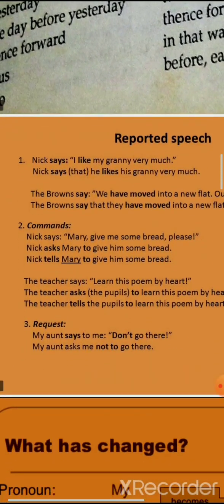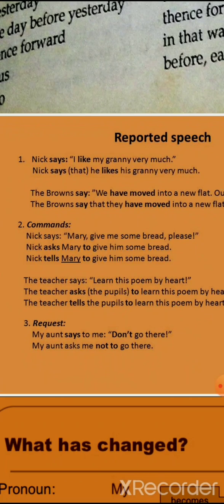So similar examples, Nick asks Mary. Now Nick says, Mary, give some bread please. Now he is asking, commanding, please, any imperative sentence, command, order, request. So he is asking, Nick says, Mary, give some koddiga bread istava, like that he is asking. Nick asks Mary to give him some bread, ila rayachu, or Nick requests Mary to give him some bread, like that.